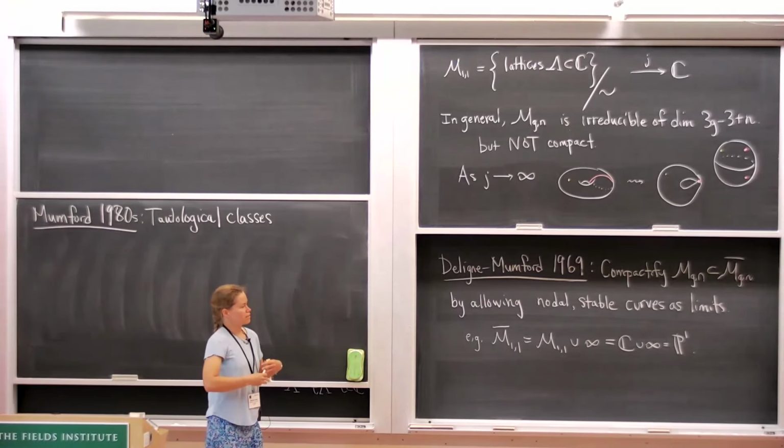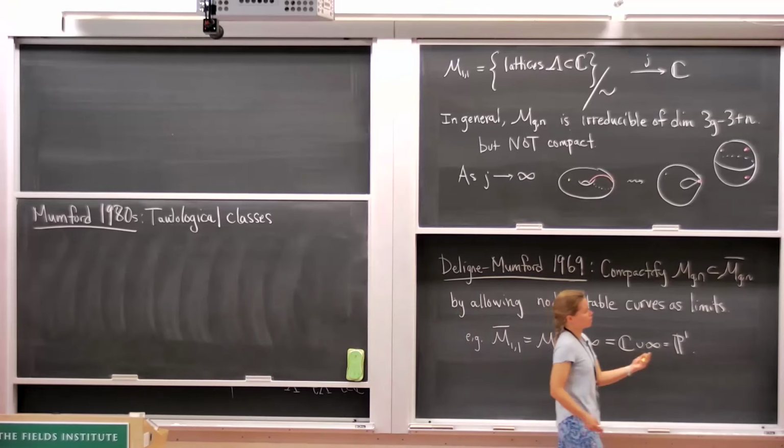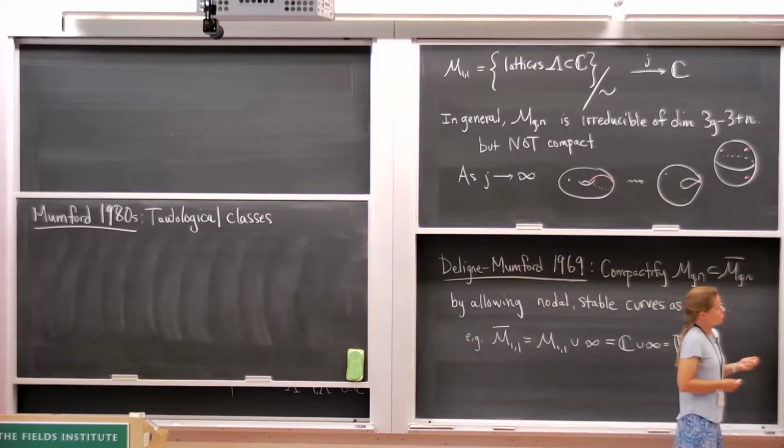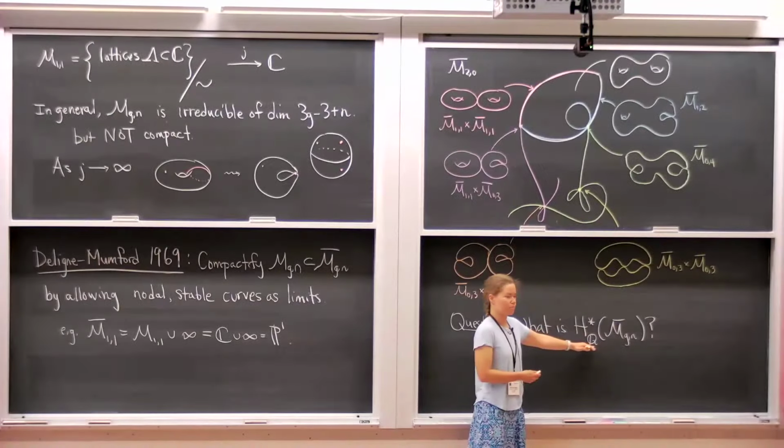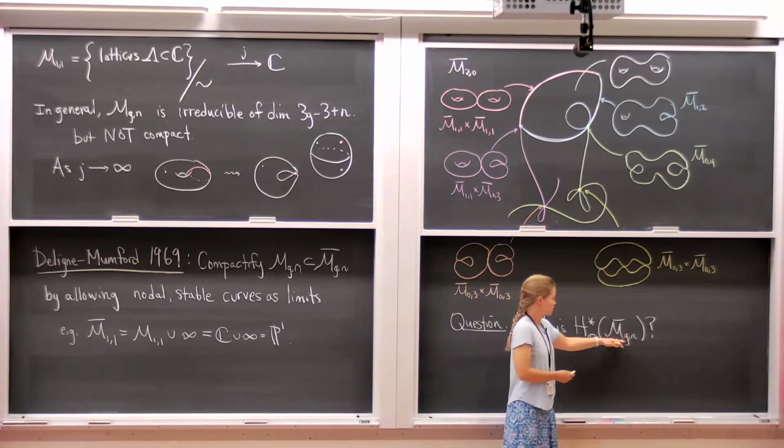So we define cohomology of stacks using equivariant techniques, but I'm not involving that at the moment. When I write it like this, I'm not necessarily having to present this as a quotient.